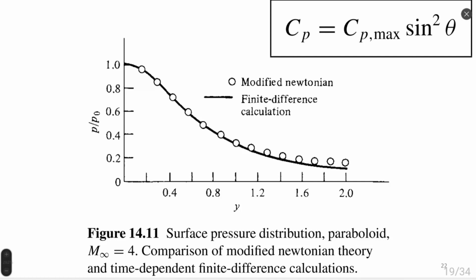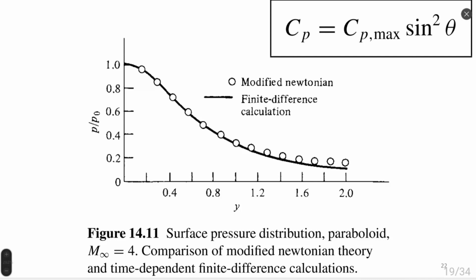This is why modified Newtonian theory can be used as a reference. This is a proof for many applications. We can use modified Newtonian theory as a base, just to understand what would be the distribution of pressure mainly, and the Cp coefficient and forces.